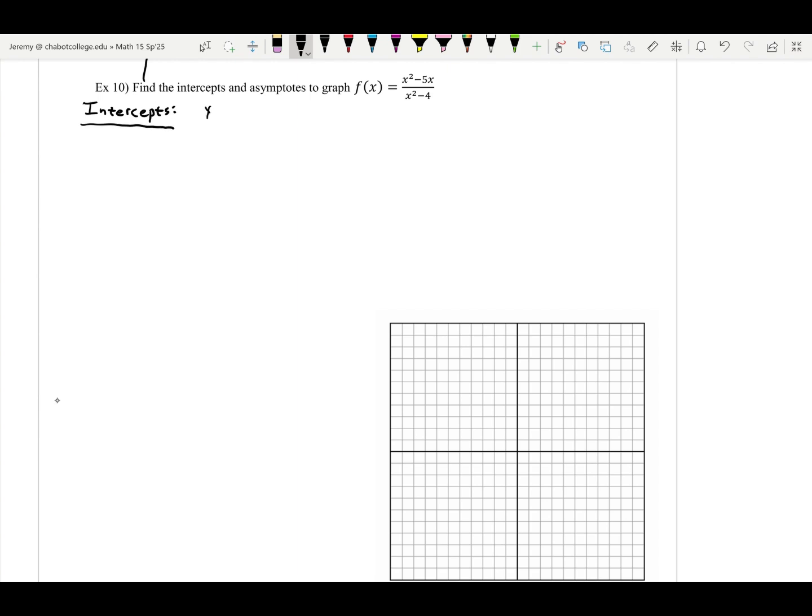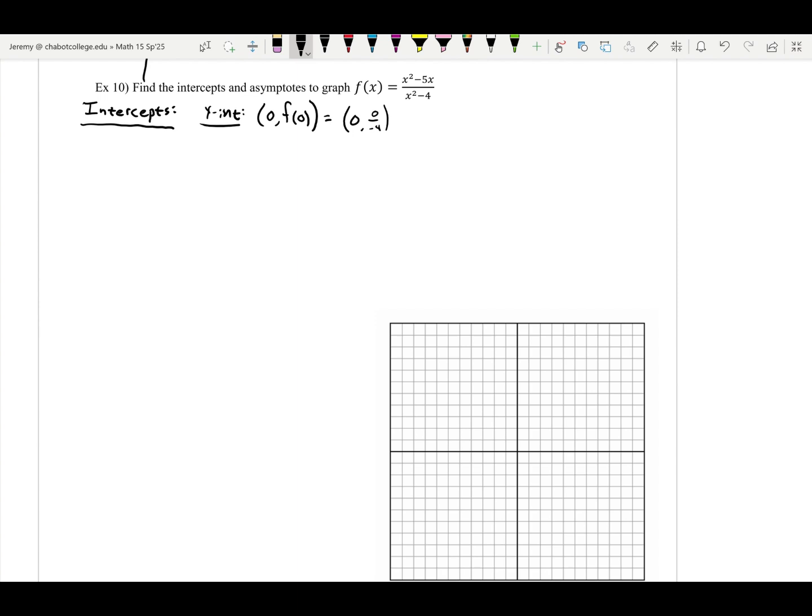I like to start with the y-intercept, just because it's easy, gives me a little forward momentum. This is always, for any function, the ordered pair 0, f of 0. So what happens if we plug 0 into this function f? I end up with 0 over negative 4.